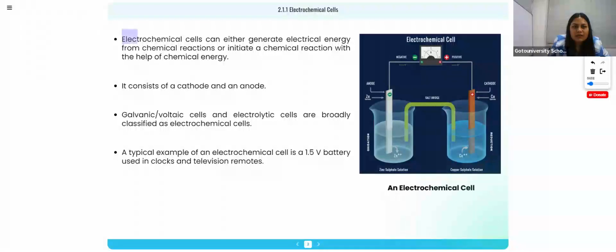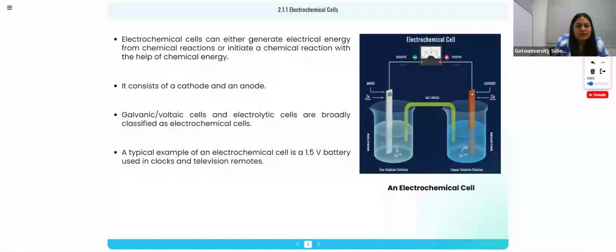So what are electrochemical cells? Which can initiate chemical reactions with the help of electricity, right? Or say electrochemical cells change electrical energy into chemical energy.